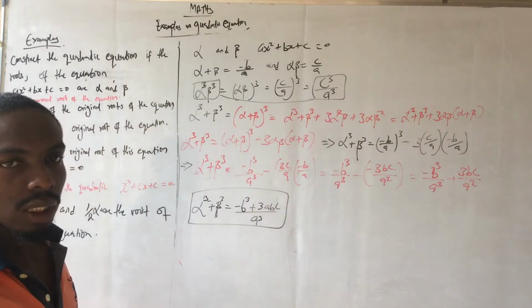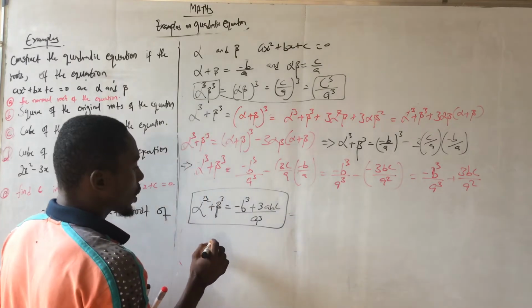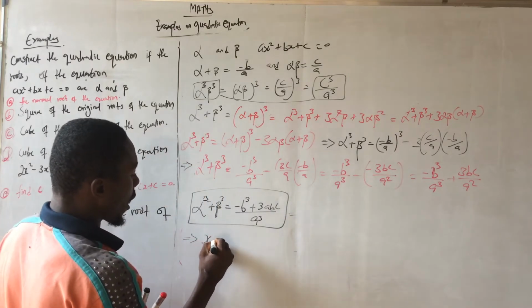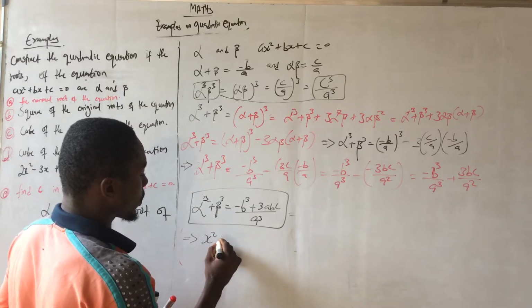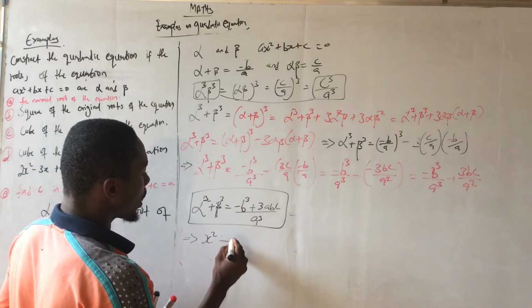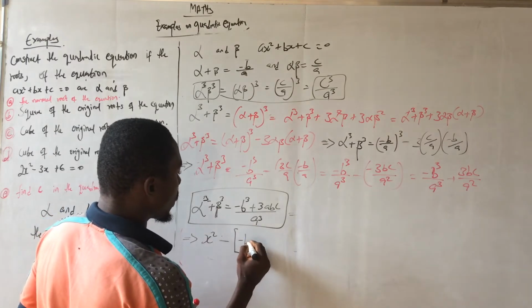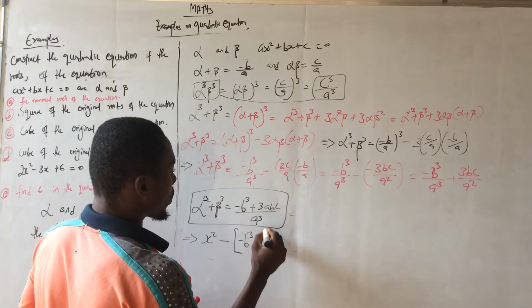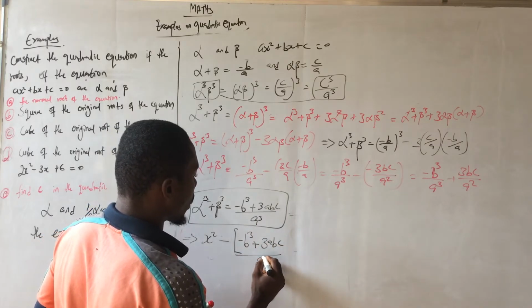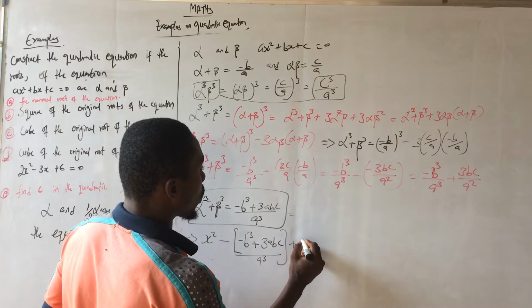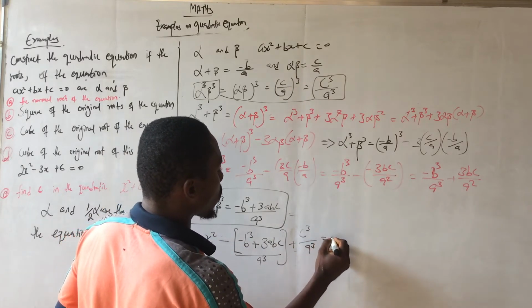So now the quadratic equation that we're going to form using this is x square minus, in bracket, minus b cube plus 3abc all over a cube, times x, plus c cube over a cube equal to 0.